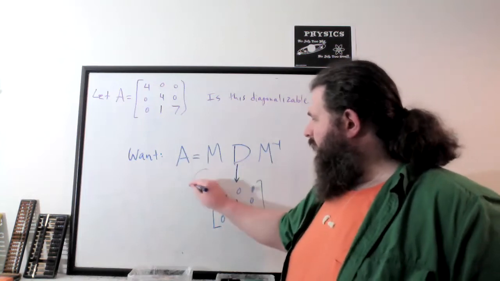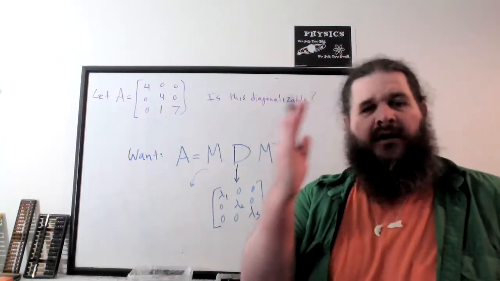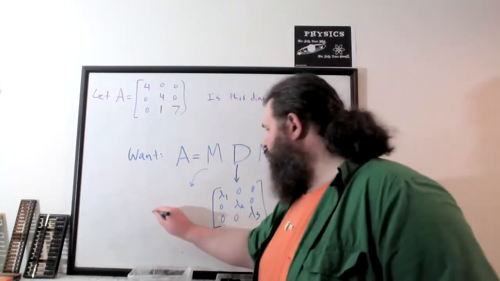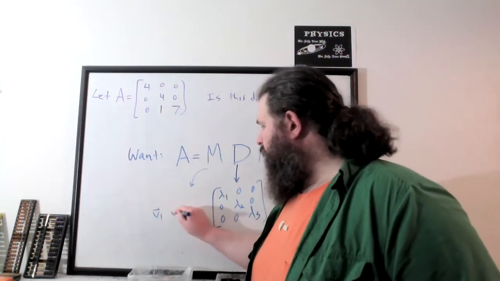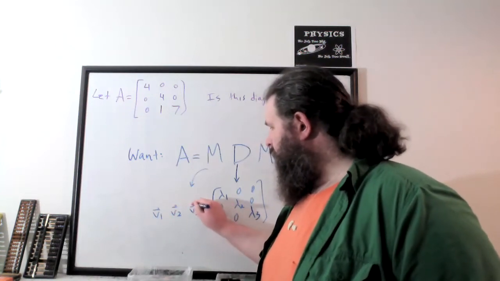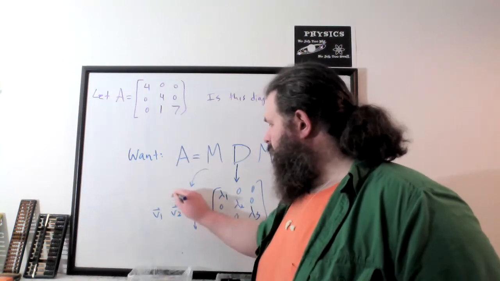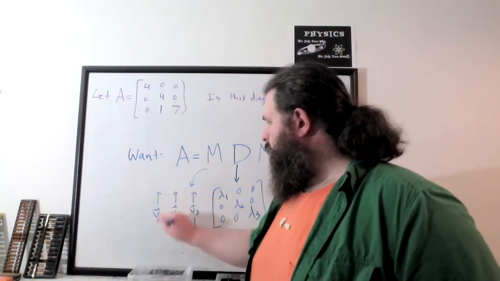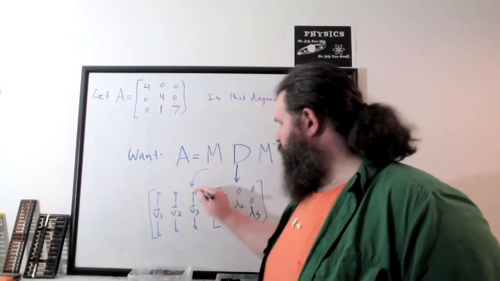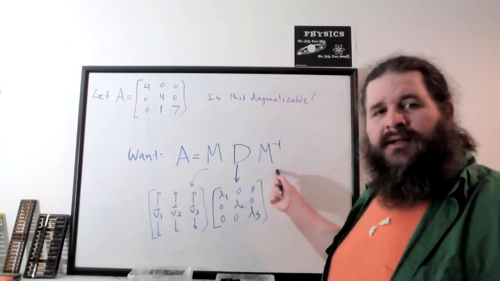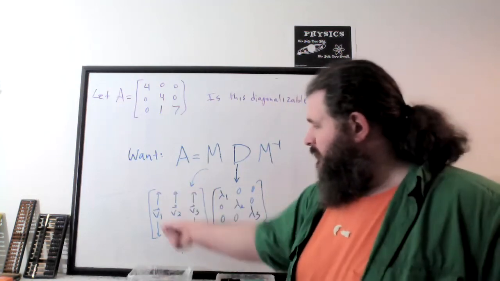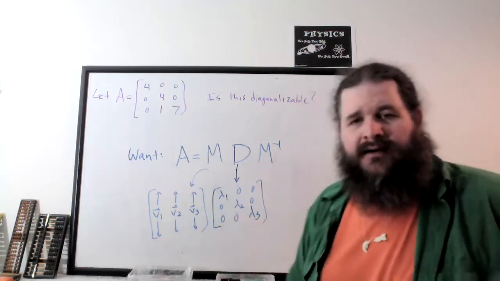And then matrix M is a matrix whose columns are the corresponding eigenvectors. Let's say V1, V2, V3 as columns. And then M inverse, you just take your eigenvector column matrix and take the inverse of that.